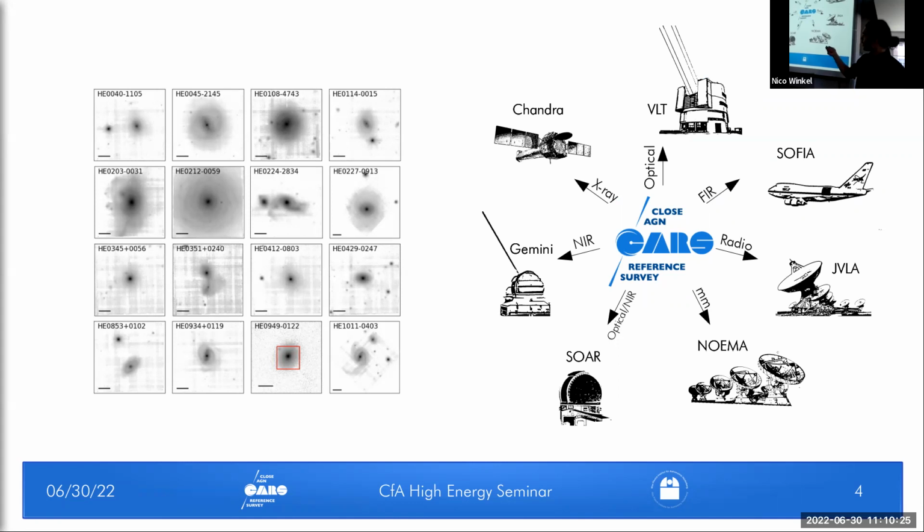And in the near infrared, we have nice integral field spectroscopic observations from Gemini. But the core of the survey is the integral field spectroscopic data from the VLT that we acquired with the MUSE instrument. But also at a higher energy range, we have Chandra observations in the X-ray.